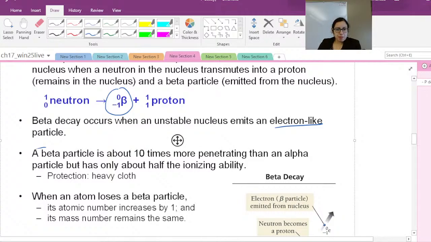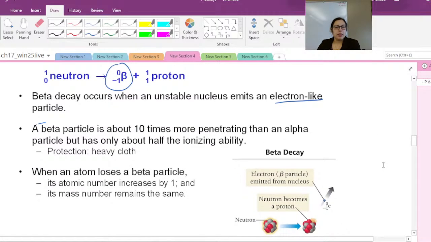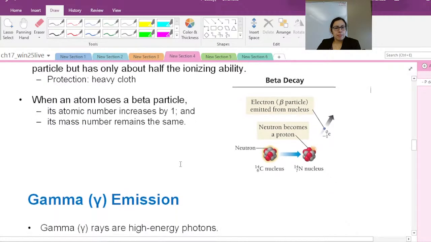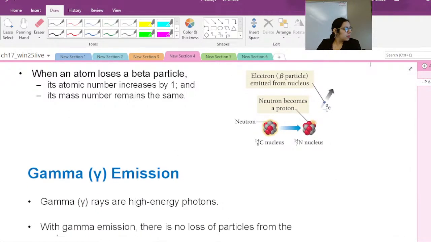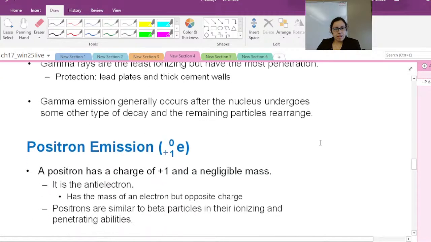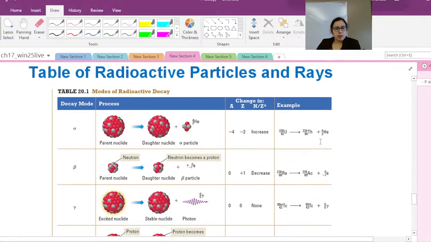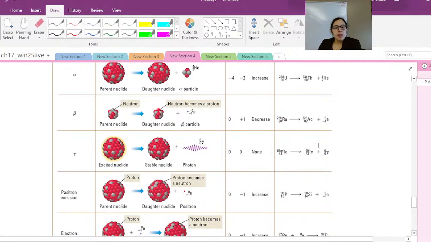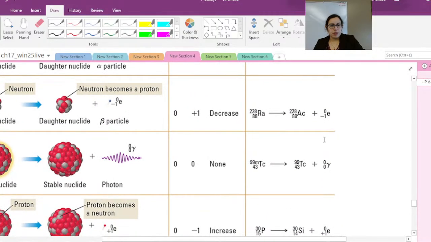And then a beta particle is 10 times more penetrating than an alpha, but only half the ionizing ability. So you can be protected with heavy cloth. And then let's look down. I didn't put my example there, so let's zoom in on that.